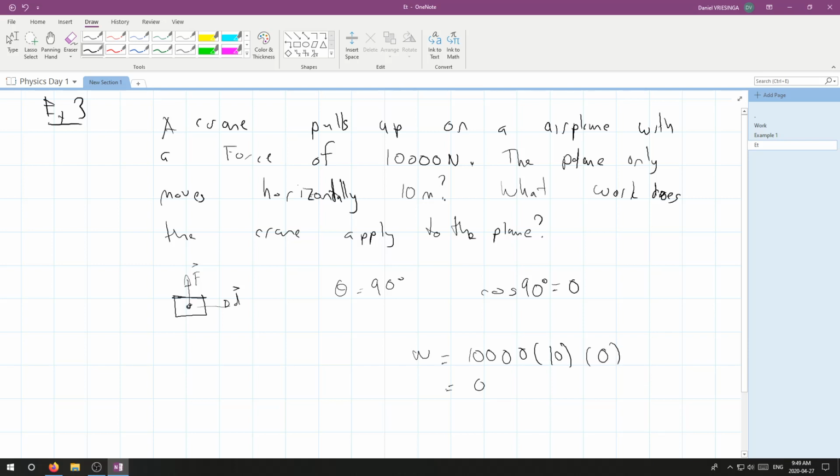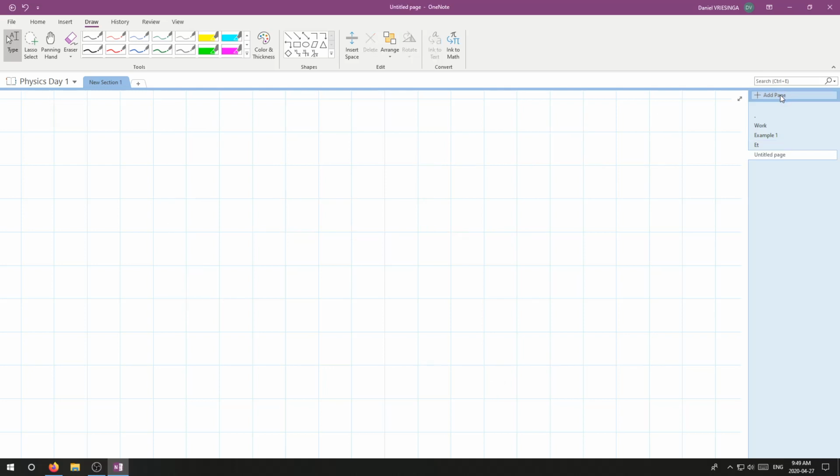So the crane is actually not giving the plane any energy. I think it's kind of a contrived question, but you can get questions where the force and the distance are perpendicular to one another, and then no energy is given. Hopefully that makes a little bit of sense.